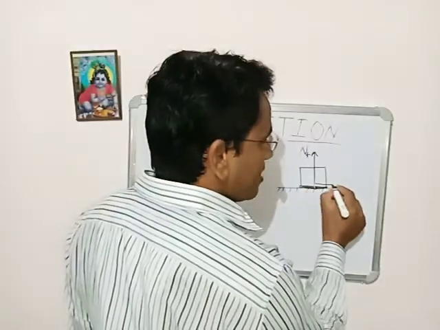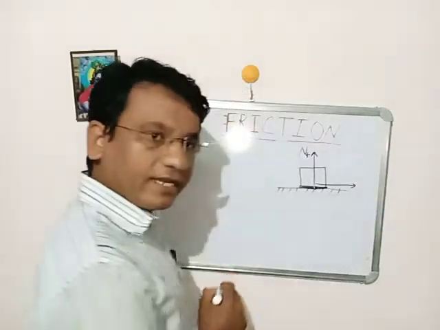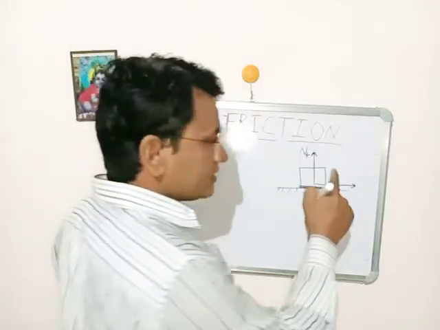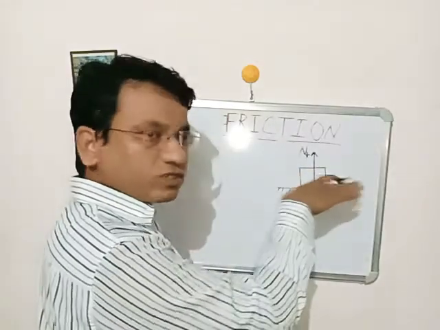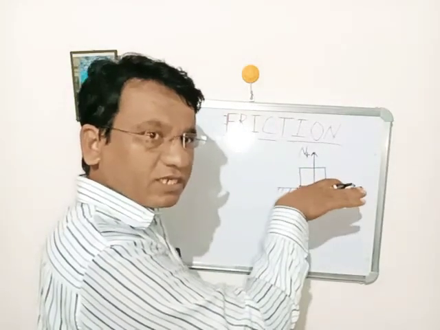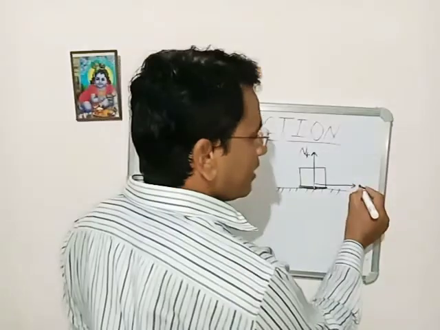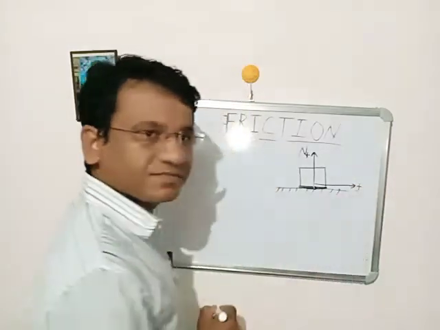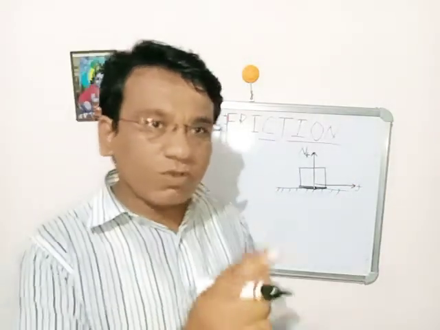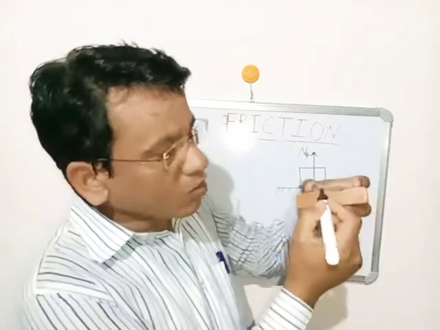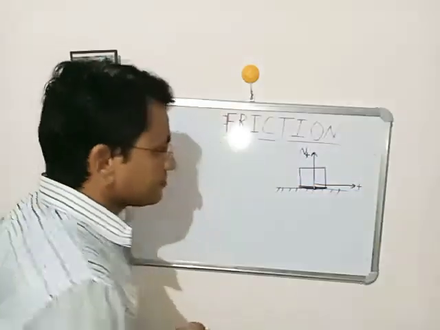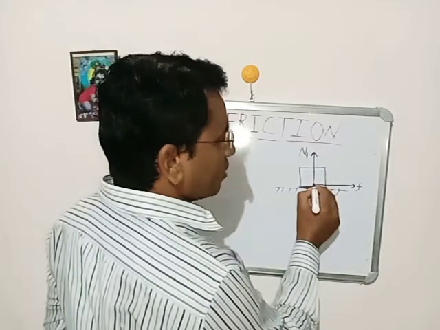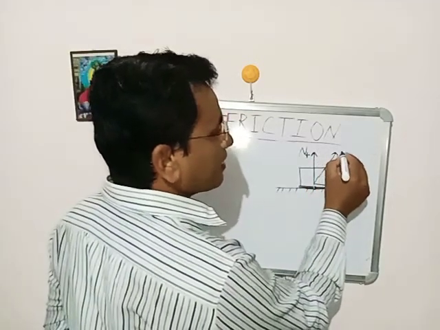That force, which is parallel to the contact surface, is called friction. And friction is always parallel to the contact surface. Remember that. And the resultant contact force is capital F.